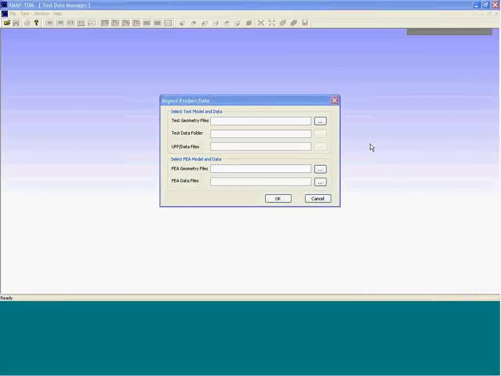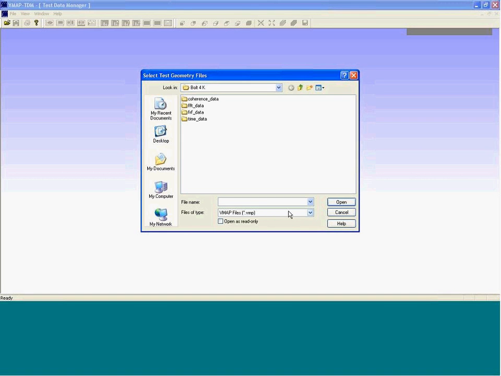So this is VMAP Test Data Manager. So I've just opened VMAP Test Data Manager. Importing the model.